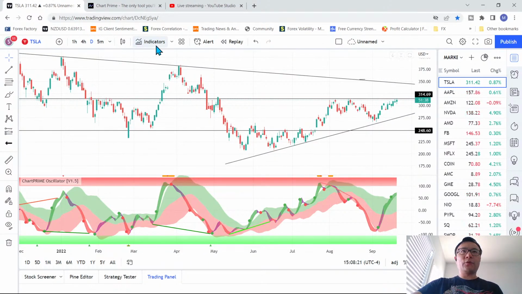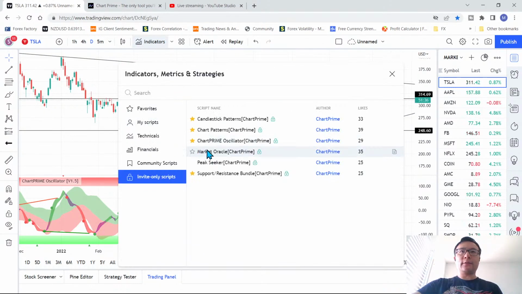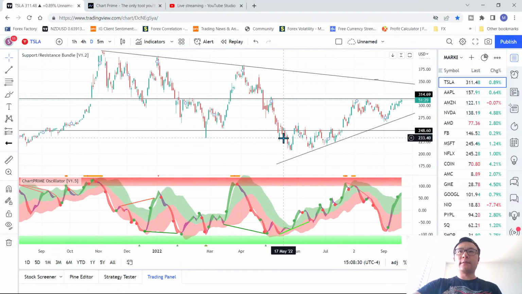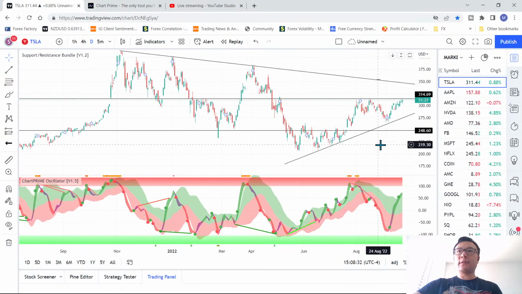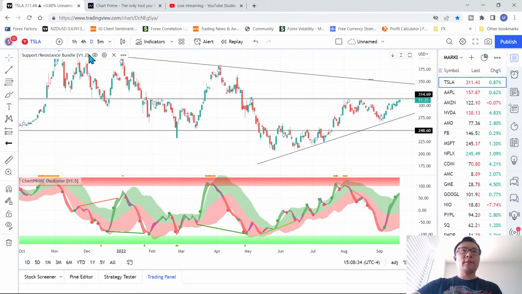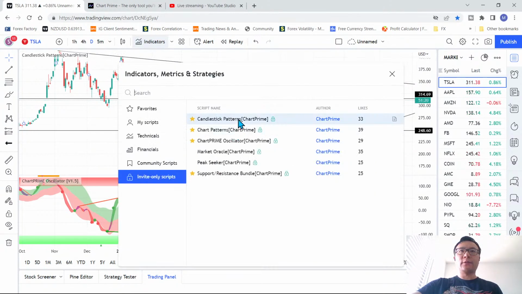Now, if I were to add this other indicator that they have, called support and resistance, let's see if it shows anything. Okay, it doesn't. Let's see if we were to use chart patterns.